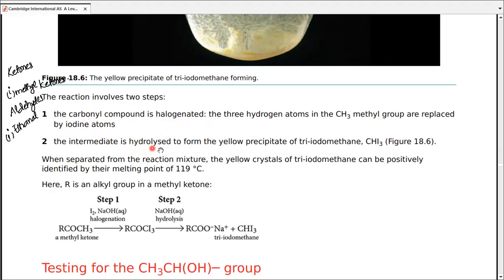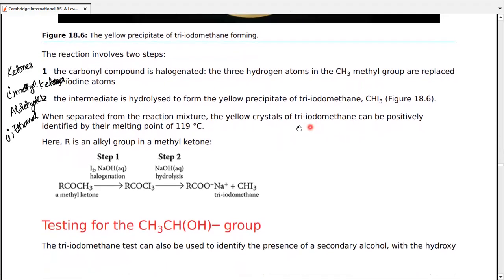Now, the intermediate is hydrolyzed to form the yellow precipitate of triiodomethane, right? So, when separated from the reaction mixture, the yellow crystals of triiodomethane can be positively identified by their melting point of 119 degrees centigrade, something you need to memorize for AS papers.